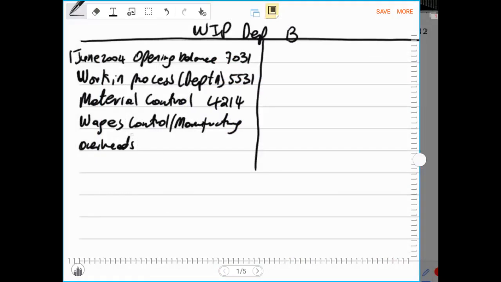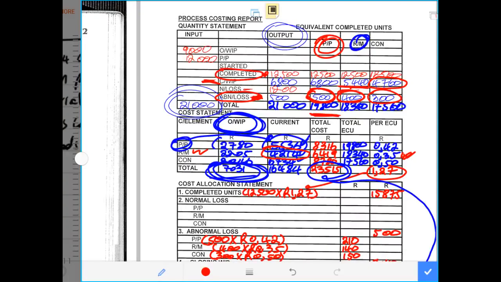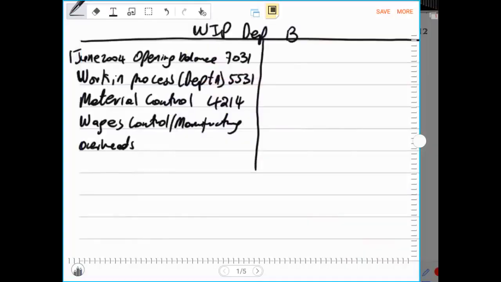4,214. Our wage control, this is conversion cost. Our conversion cost is the total of 6,734. That is the conversion cost, which is labor and overheads.